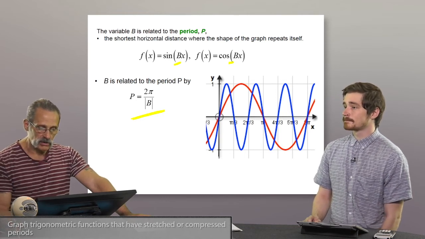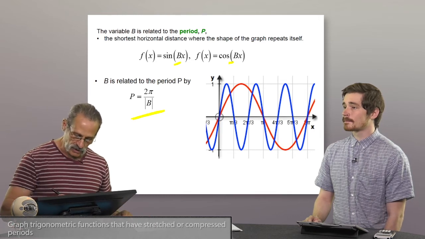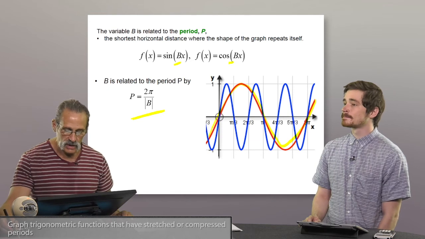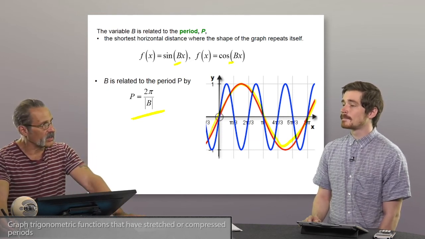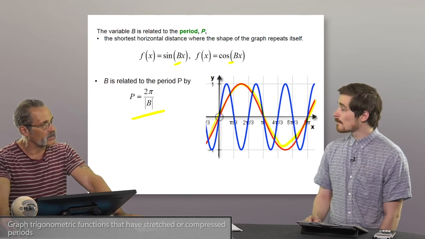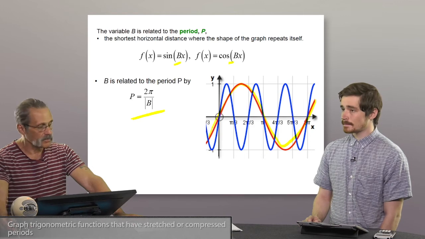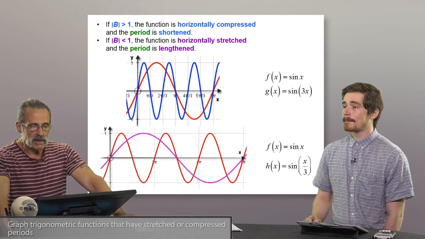If I take a look at a graph, what we see here is a graph in red of the sine function. We see one period of the sine function. What we also see is the graph in blue, and what you're seeing horizontally, if you can train your eyes to look from left to right, is a compression of that red graph. The way we get the compression is we look at b.